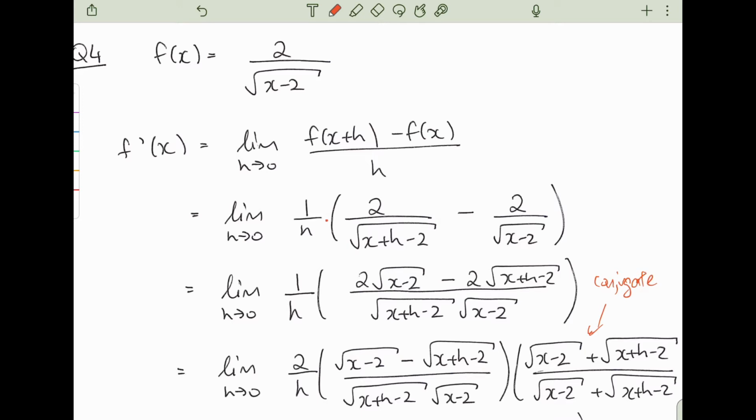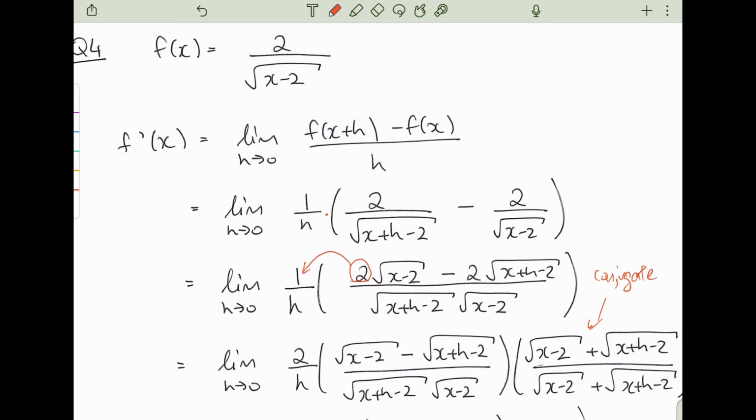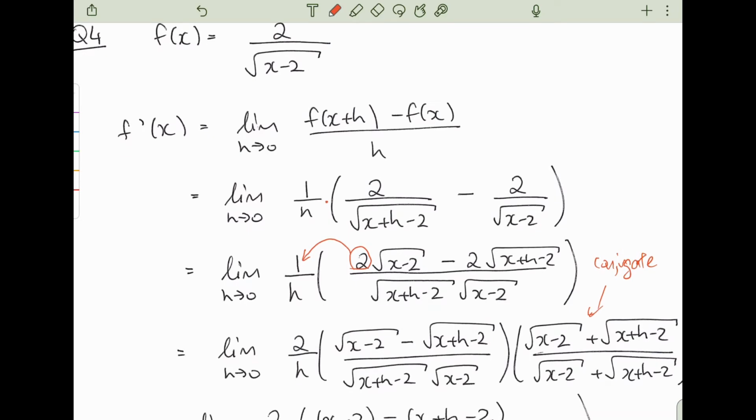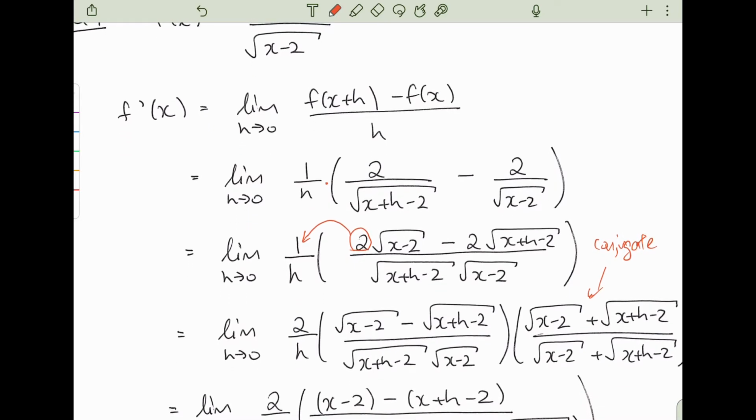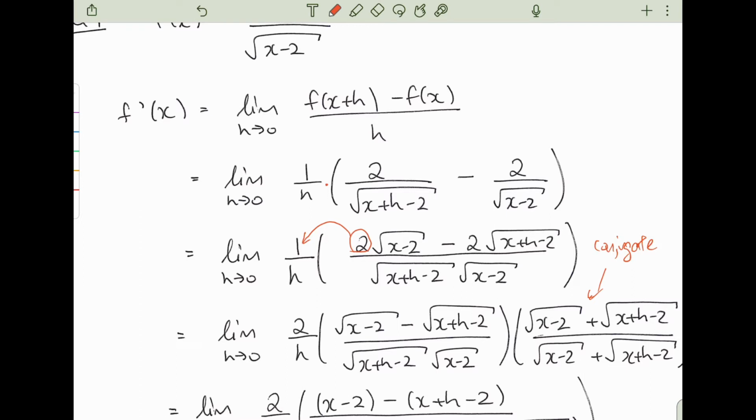So multiply the conjugate, and at the same time factor out the 2 here, because we don't want it to be in our way. Factor it out, and then make use of the difference of squares formula. That is a squared minus b squared.